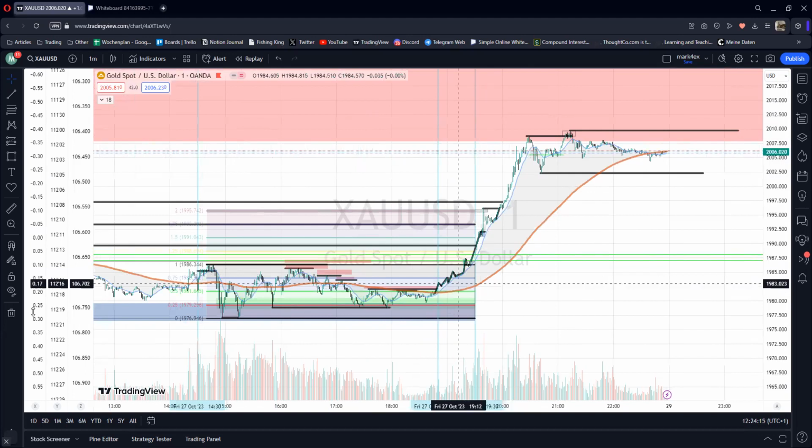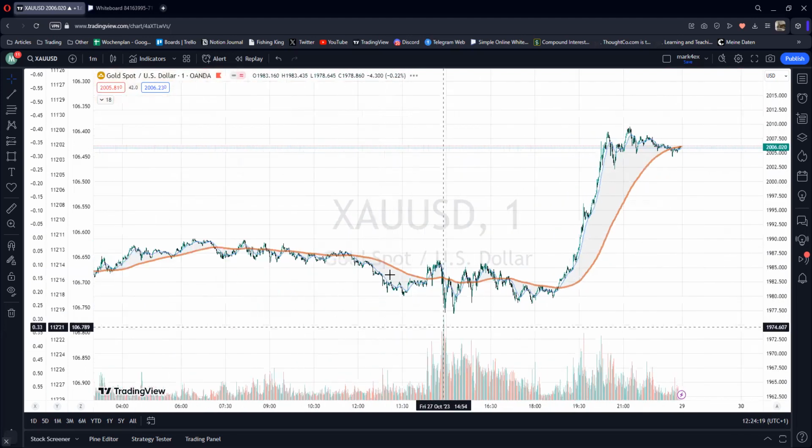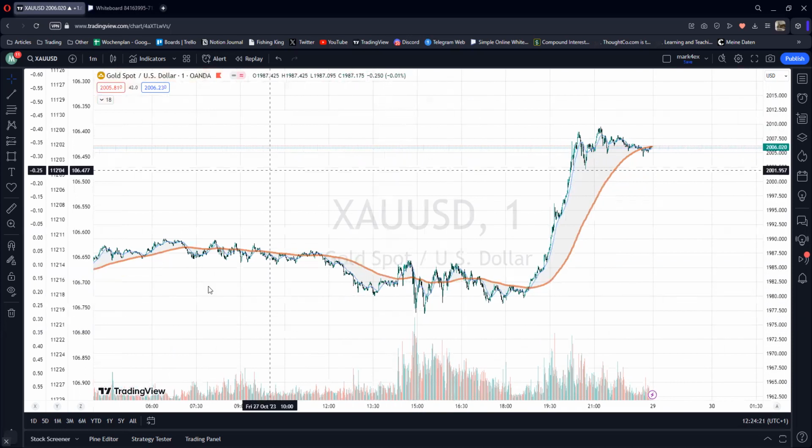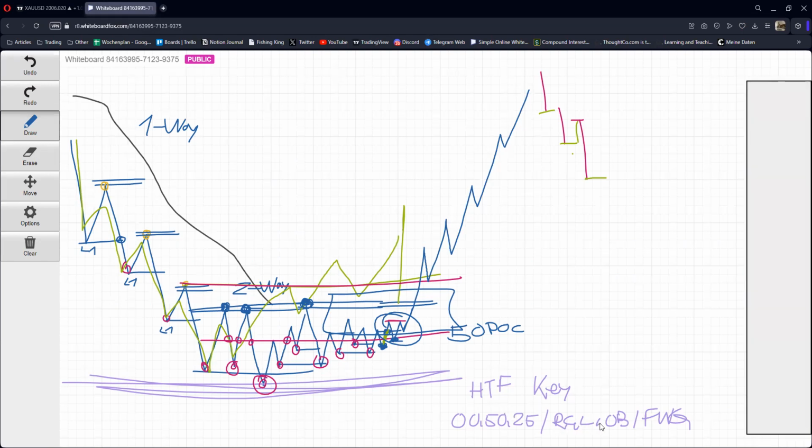I'm just going to delete everything, right? And so you can see this here is a repeated pattern, right? It's always a high time frame key level. It doesn't matter what that level is. It could be an order block, RGL, a fair value gap, 50, 25, a 0 level.